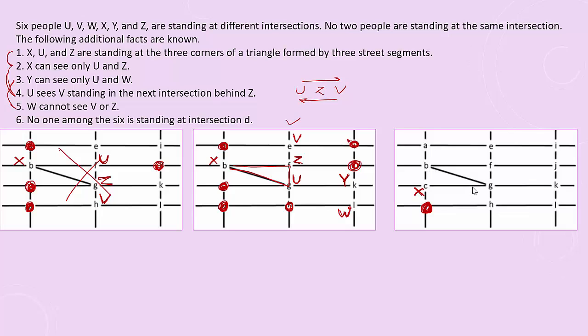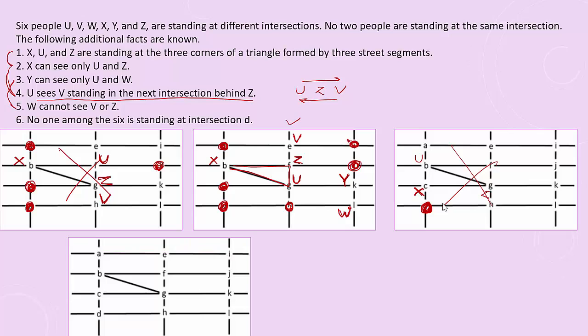But the problem is, if we consider U, Z and V as a combination, it's already given U sees V standing in the next intersection behind Z, which is not possible in any of the cases. Suppose I put U here, Z here, I cannot put V anywhere, right? So that means this case is also ruled out.